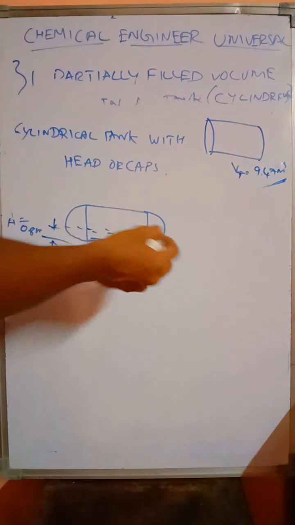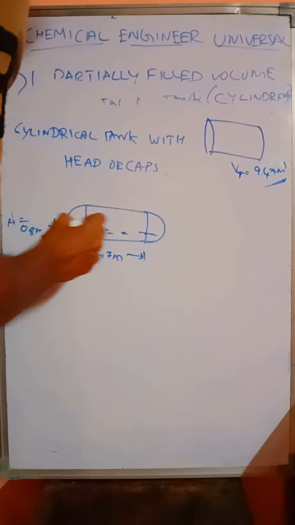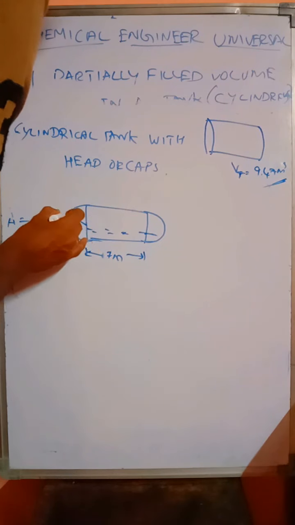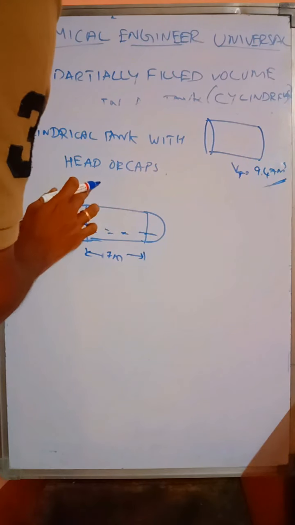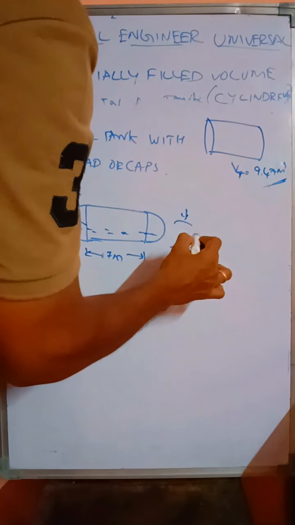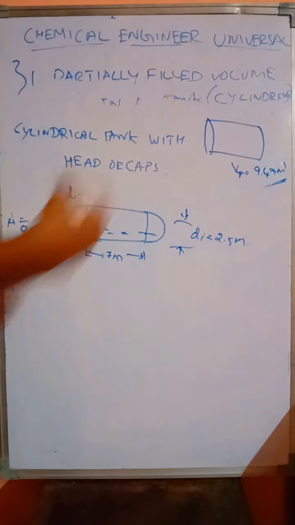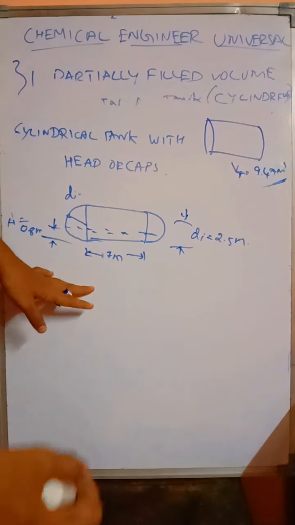So we are going to take the same thing, and dia, dia of the tank will be 2.5 meter. Okay, so the same data like we have taken in the previous problem.